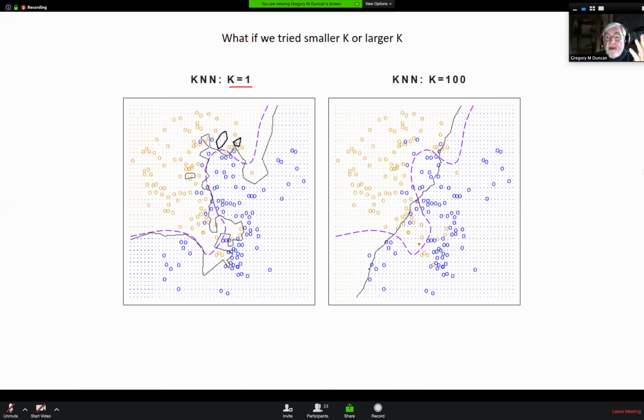This over smooths, and you're going to get something that's less flexible, that looks kind of like a straight line. So it's going to be fairly badly biased, but the variance isn't going to be too bad on it.